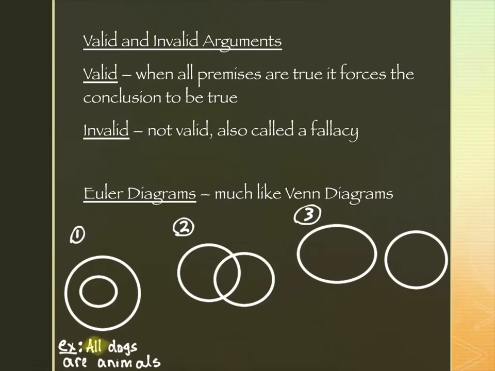When you see the word all, it creates these embedded circles, one inside of the other. The circle on the inside is the first piece of the description, in this case, dogs. So everything inside this circle are dogs. And then the outer circle is the second part of the description, in this case, animals.